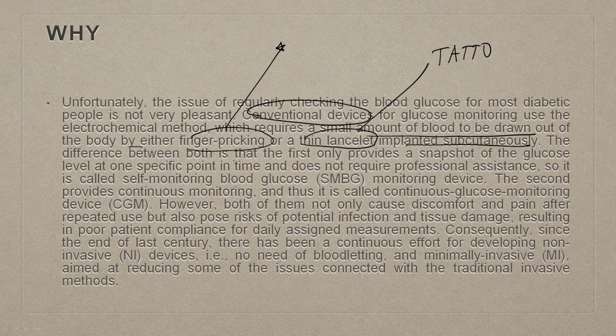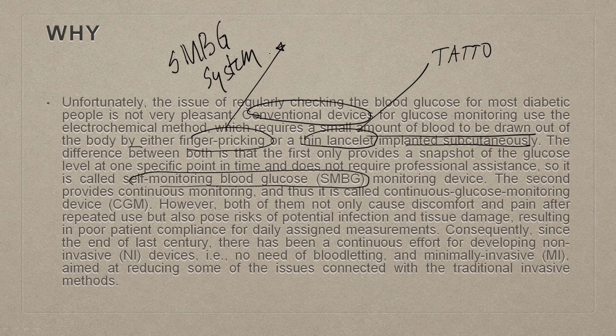The difference between both is that the first only provides a snapshot of glucose level at one time point, whereas it does not require professional assistance. So it is called the self monitoring blood glucose system. This is one of the systems.